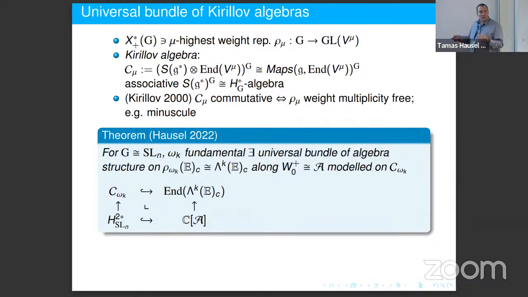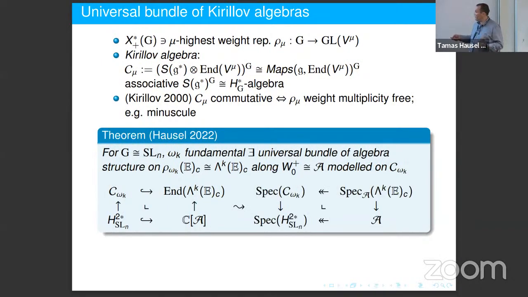But more intriguingly, this is a very nice algebra. You can, in fact, identify the algebra with the representation itself. It will act on the representation in a cyclic way. And using this perspective, you can actually define a bundle of algebra structure on the universal bundle in this representation, which, by the way, here is just the k-th exterior power of the standard representation, where we usually take the universal bundle already.